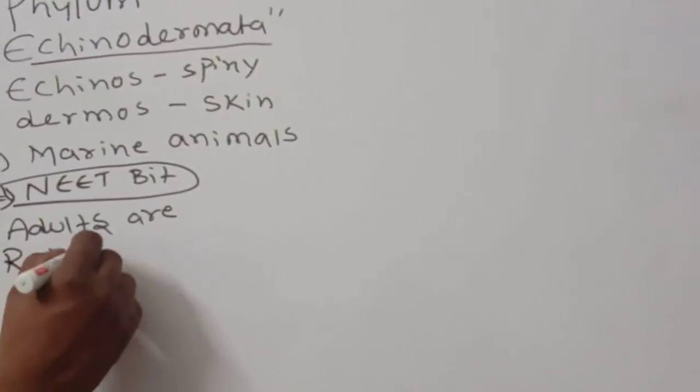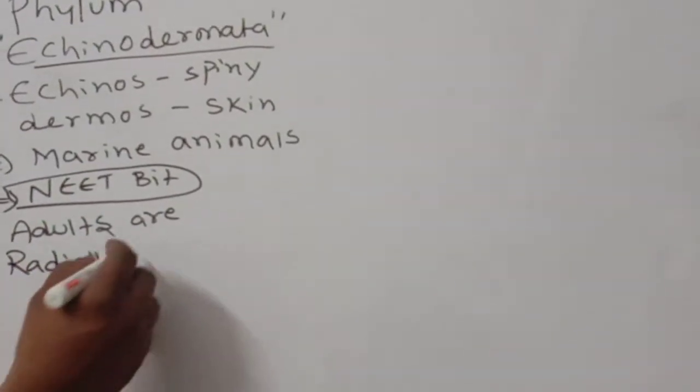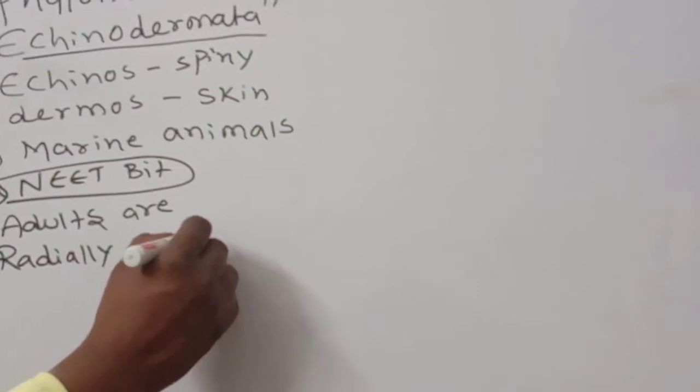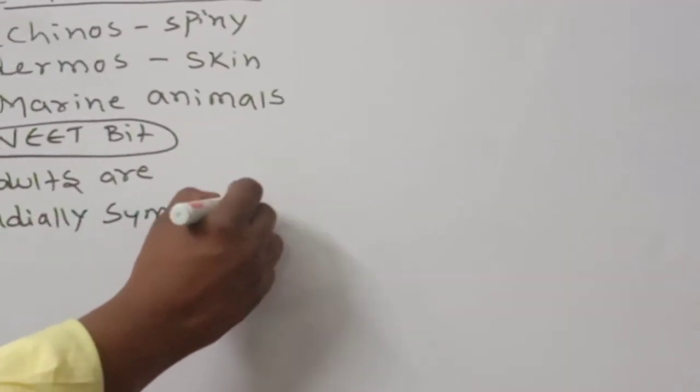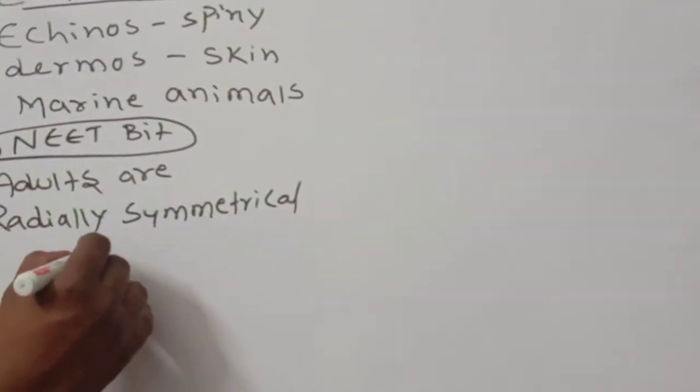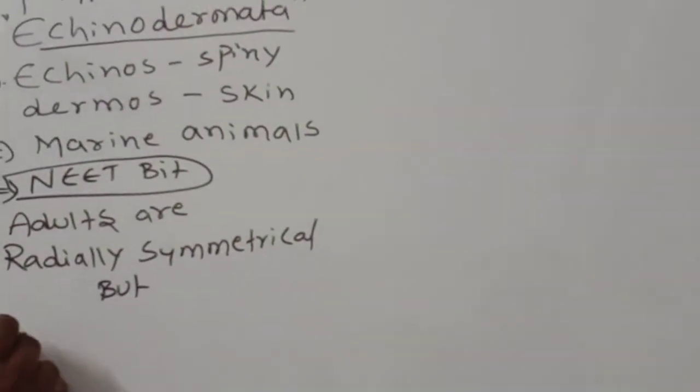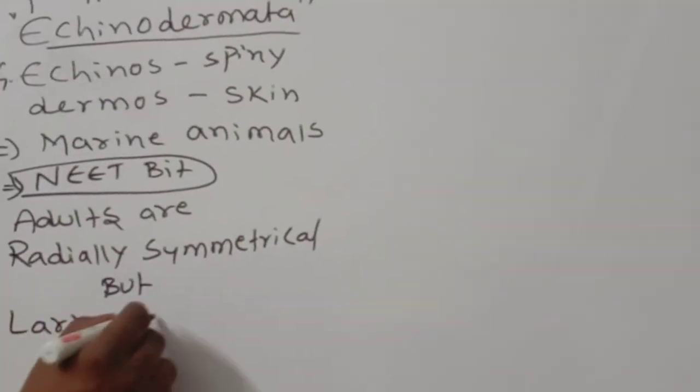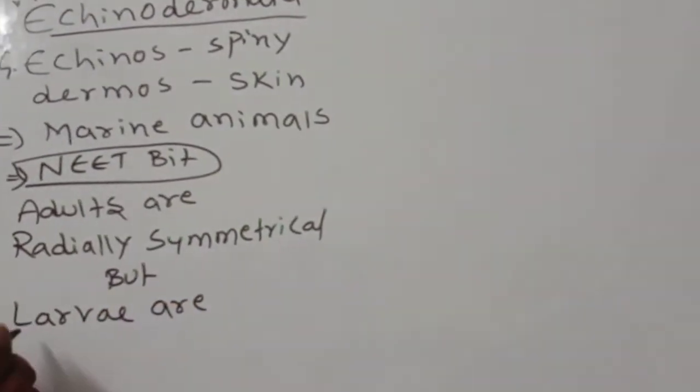Adults are radially symmetrical, but the larvae are bilaterally symmetrical.